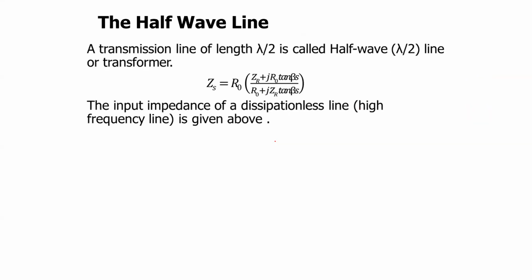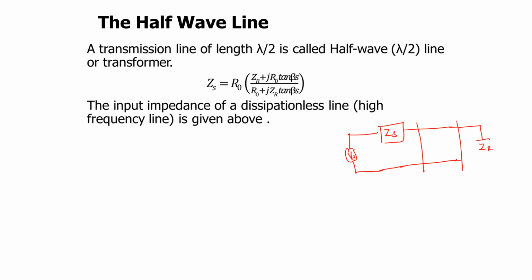The next is the half-wave line. This half-wave piece of a transmission line can also be inserted between the source and the load in order to provide impedance matching. So here again there will be a voltage source. You have a source impedance ZS and we will be inserting a piece of a transmission line between the source and the load. This is the load.